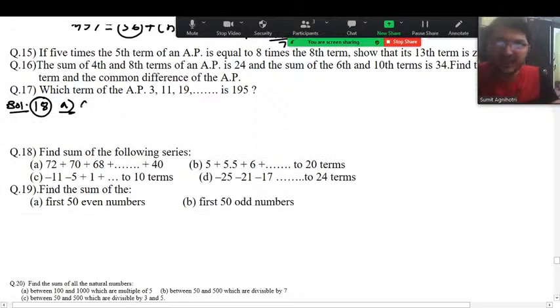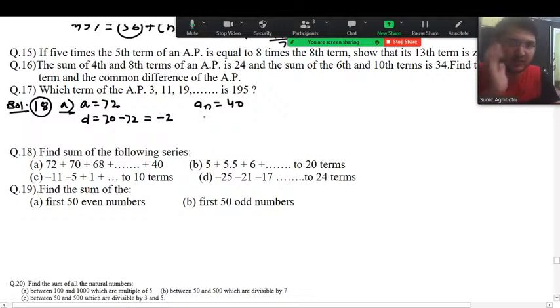That means my a is given as 72. My d is 70 minus 72, that is minus 2. My last term is 40, so I need to find n first, which is a plus n minus 1 times d equal to 40. I have to figure out what n is.